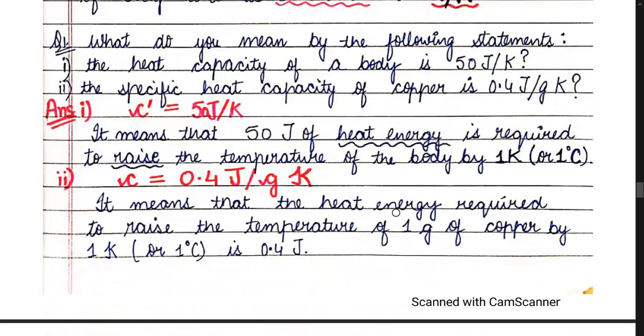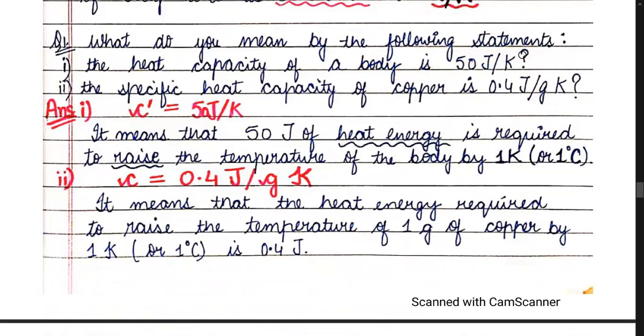So for it, let us do the first question. The question is, what do you mean by the statements? Now listen to the first statement carefully. The heat capacity of a body is 50 joule per Kelvin.